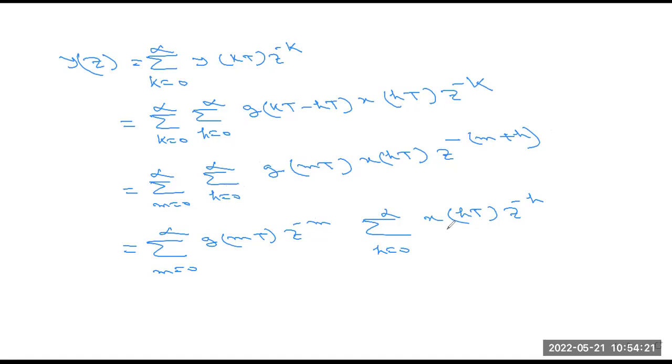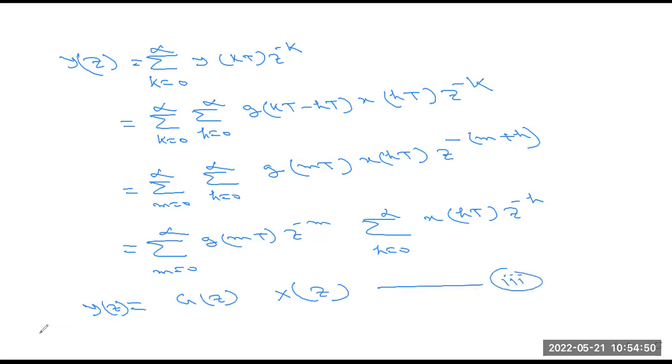Now, because you know that these g of mt are the functions of G of z, that is the transfer block first. Another one, x of ht times z inverse h is basically X of z, and this is basically Y of z, you know that. So this is basically equation number 3.